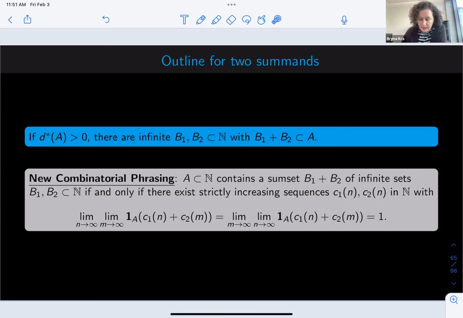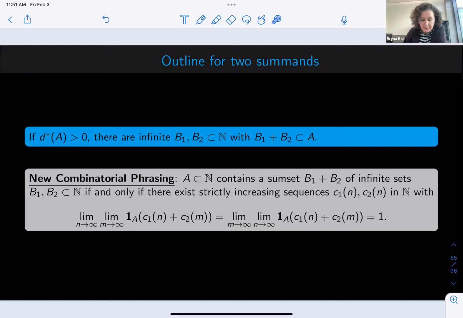What I've written here is: A contains a sum set B1 plus B2, and always my B1 and B2, even if I don't say it, are going to be infinite, if and only if you can find two strictly increasing sequences, C1 and C2, of integers, such that when you evaluate along the sum C1(n) plus C2(m), you take the limits, and what this is saying is that C1 plus C2 is in A.